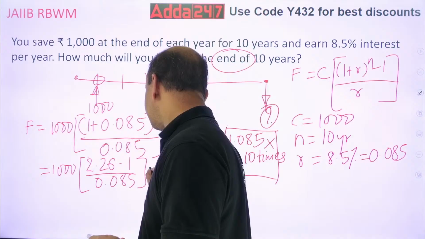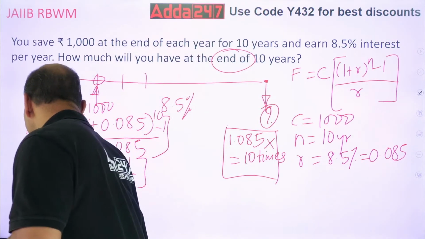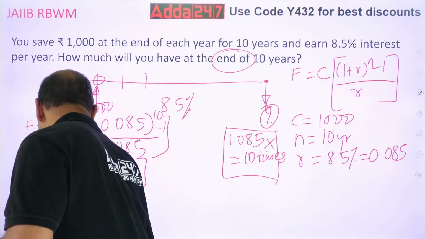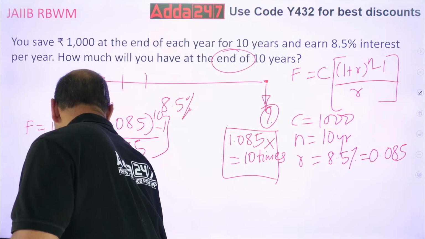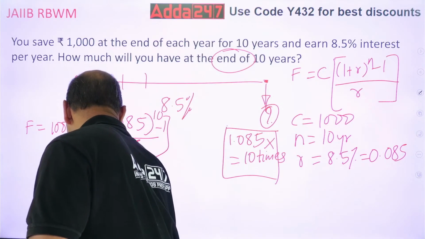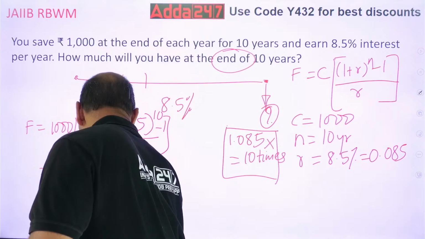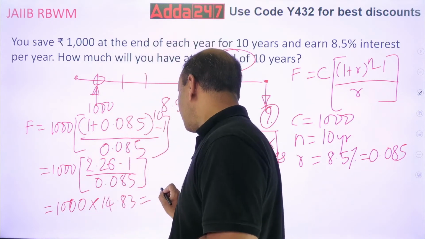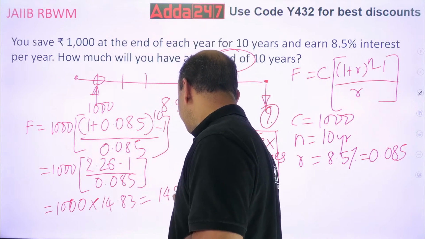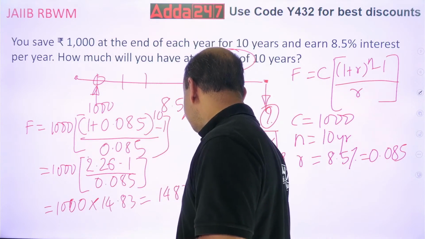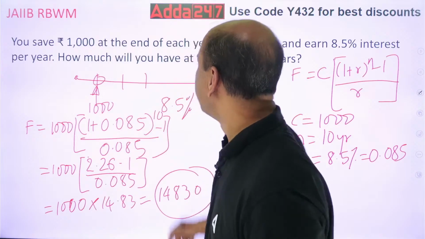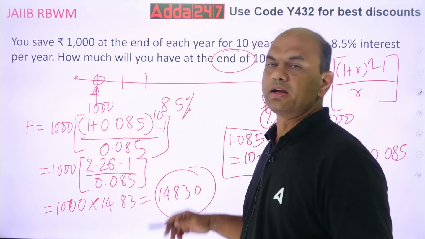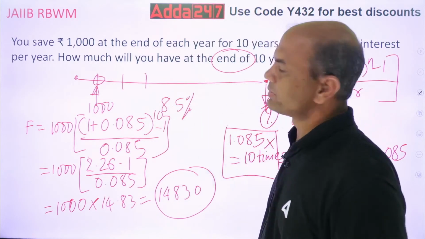So it is 1000 into 14.83. Multiply this with 1000, so that is equal to 14,830. This is the amount you will be having at the end of 10 years, if you are getting an interest of 8.5% and investing 1000 for 10 years.